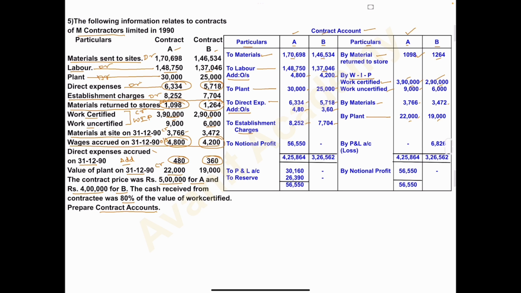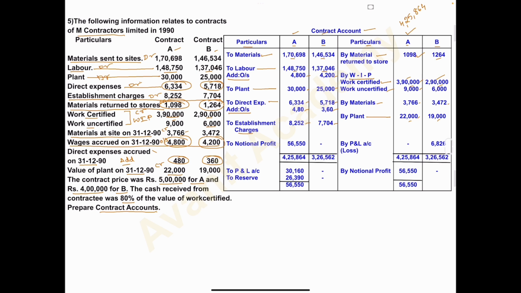Add these five items and the total of five items is 4,25,864. Okay, credit side total of contract A is 4,25,864.